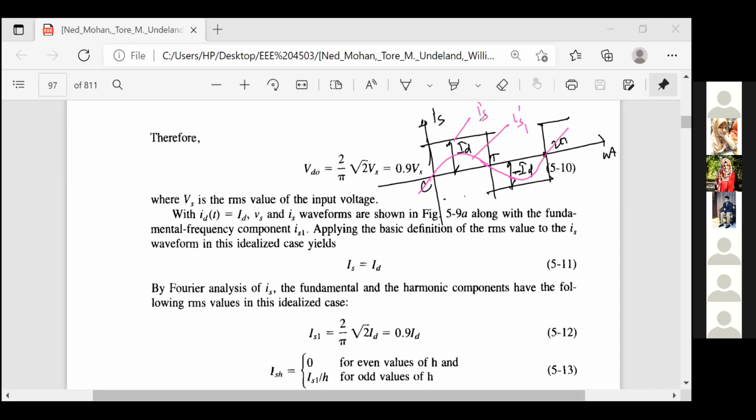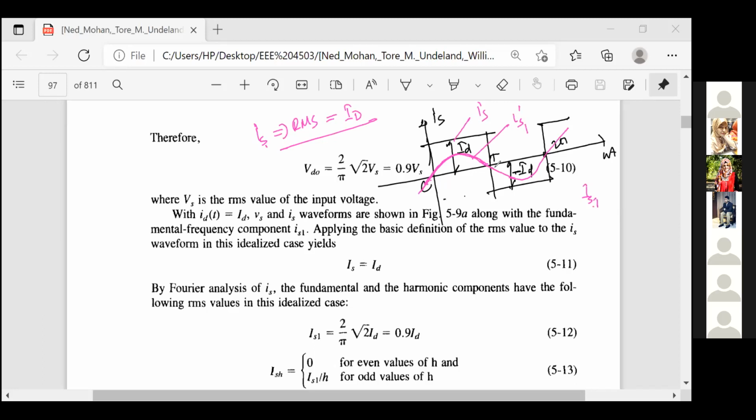Now, what is the relation between the average and the RMS value of IS? The RMS value of IS we have already told is ID. So what is the RMS value of IS1, that means this fundamental value?